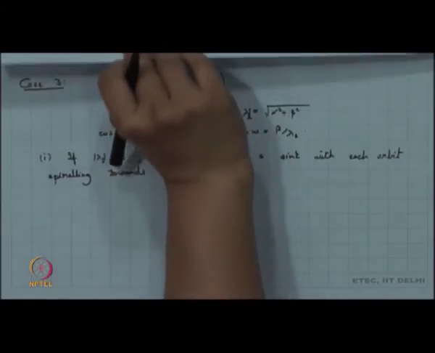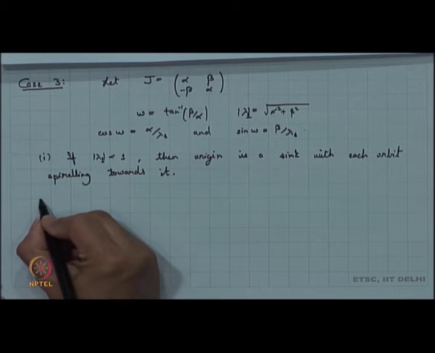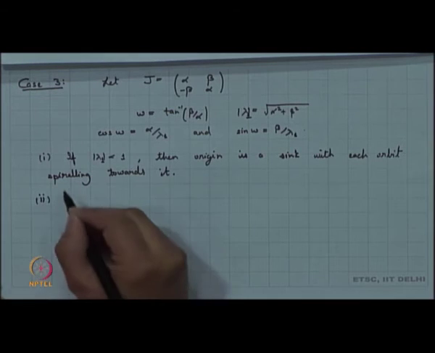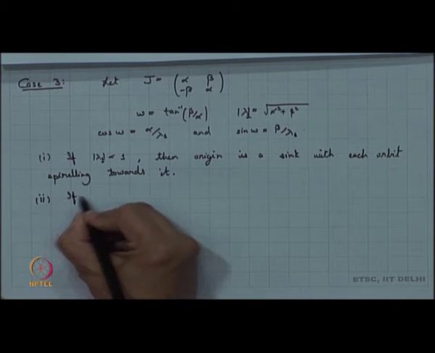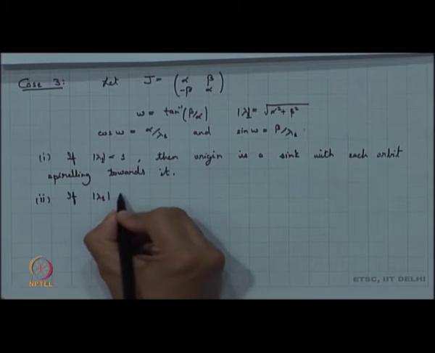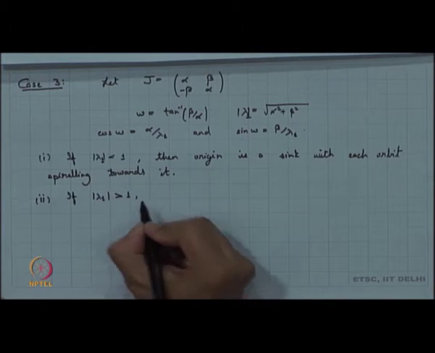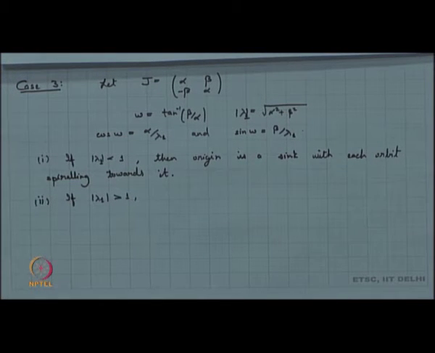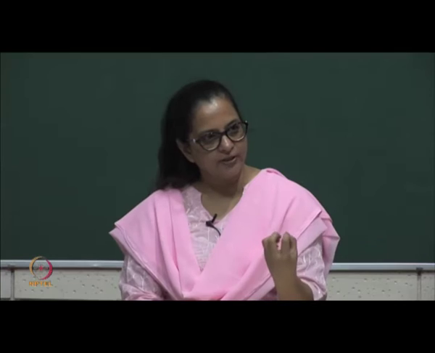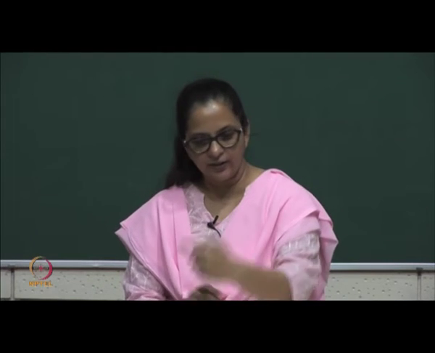So, what happens here in the second case? So, we look into the second case here. So, the second case here is if mod of lambda 1 is greater than 1. Again, what happens in this case? Again, you have a rotation matrix and you have your lambda, and lambda greater than 1 means it is basically tending to infinity. So, your origin is a source now, but the orbits are spiraling around it, right.